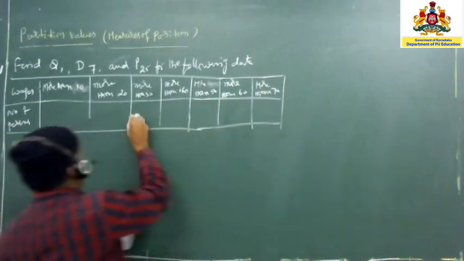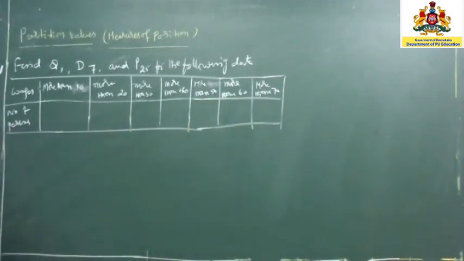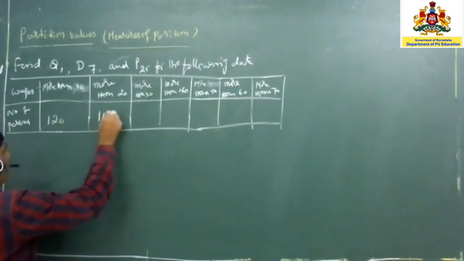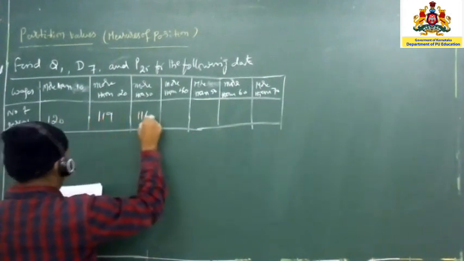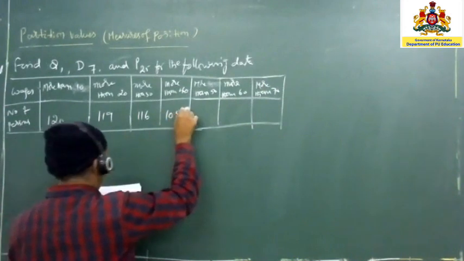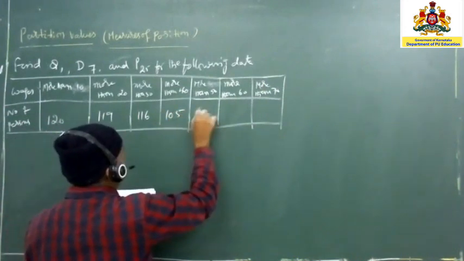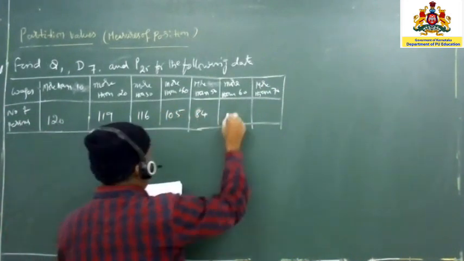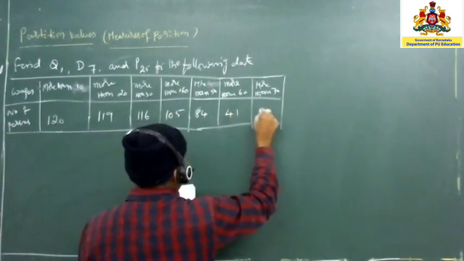The respective frequencies will be given, but they are not really the respective frequencies. Let me tell you right now: 120, 119, 116, 105, 84, 41, and 9.